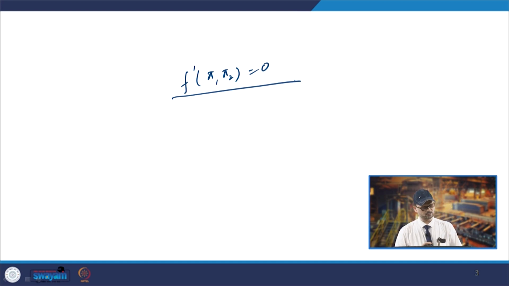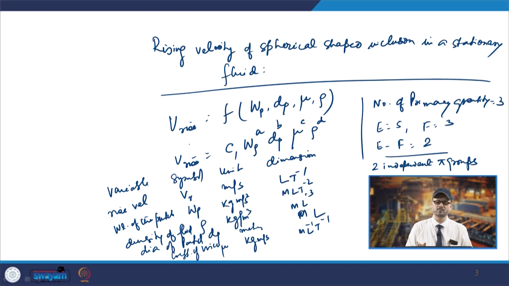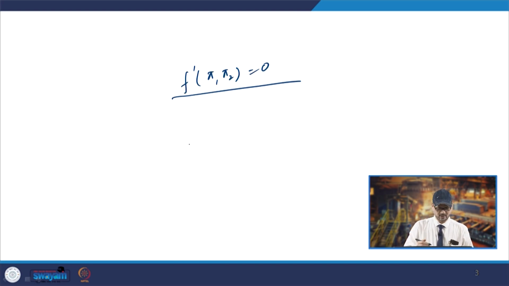Now, what you see is that if you equate on both sides, you have to have the dimensions on both sides. In the earlier case, this is L t minus 1, so you will have M 0 L and t minus 1. We have seen that you will have the 4 parameters with the indices a, b, c and d.